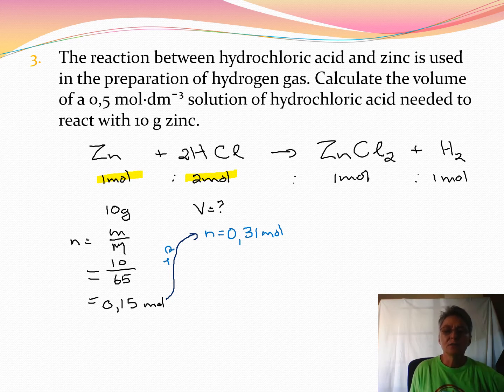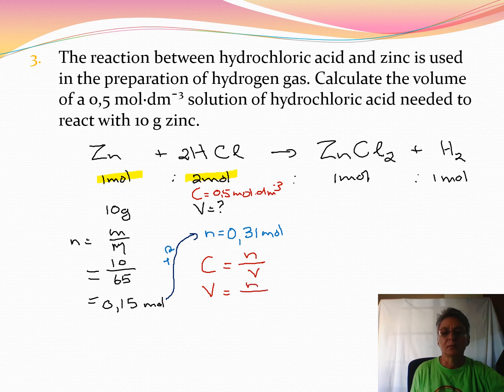So if this is the moles of HCl, they've given us the concentration as 0.5 mole per cubic decimeter. So what volume of HCl do we need? Now concentration is mole divided by volume. So the volume would be the mole divided by concentration.